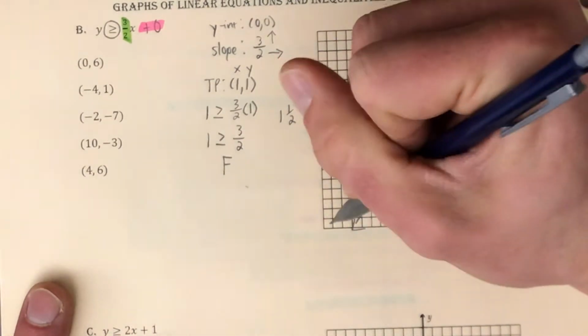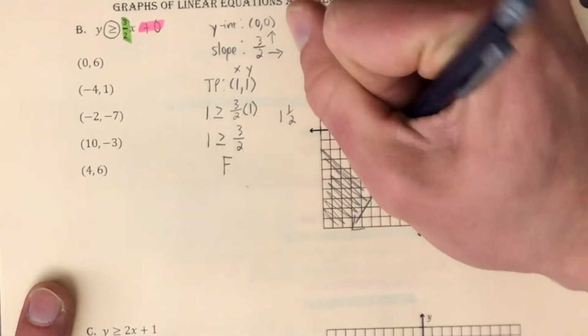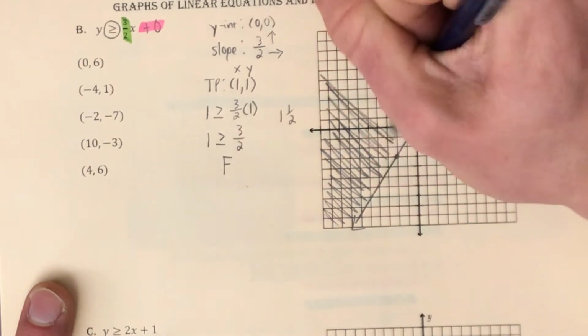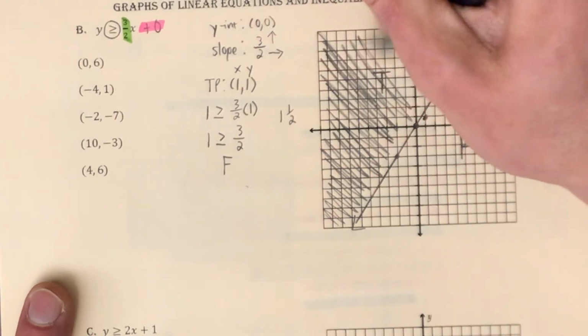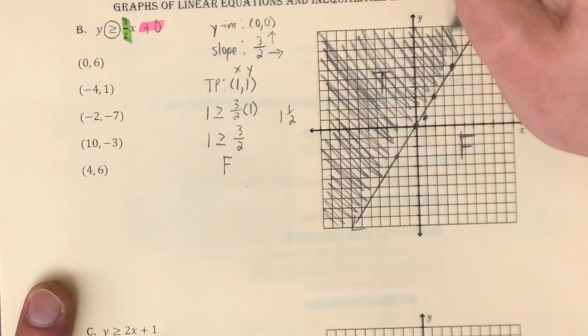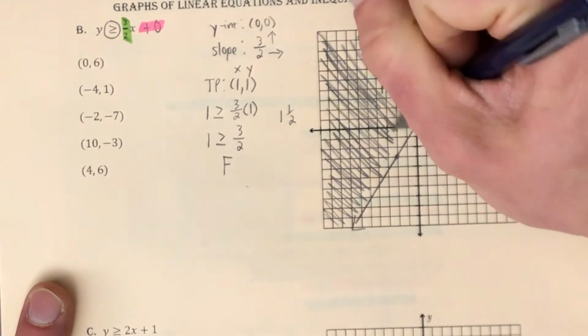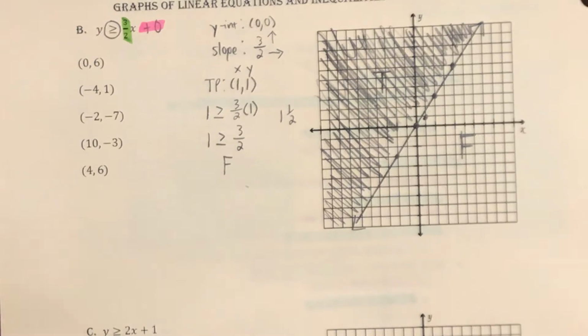A reminder, we always shade the true side. So I'm going to shade this side, covering the rest of the coordinate plane on that side. There's my solution side right there.